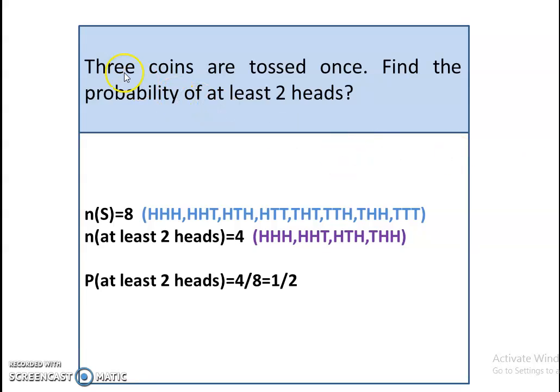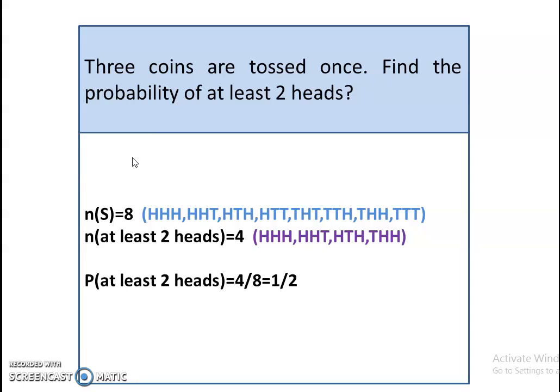Next question we have is, 3 coins are tossed once. Find the probability of at least 2 heads, right? So in this case, 3 coins are tossed. So the number of sample space will be 8 because for each coin we have 2 choices. Either we can get head or tail.